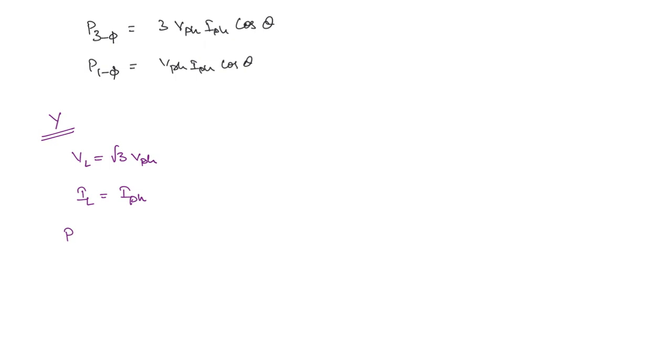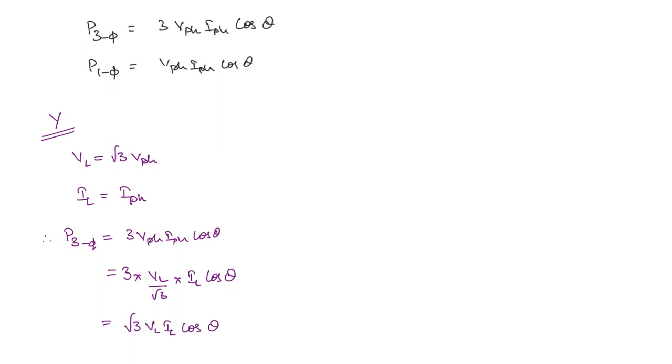So now what will be the three phase power? This is 3 V phase I phase cos θ, which you can write in terms of the line values as VL by root 3 into IL, since I phase is equal to IL. So the final expression you are going to get is root 3 VL IL cos θ. Now what about the delta connection?